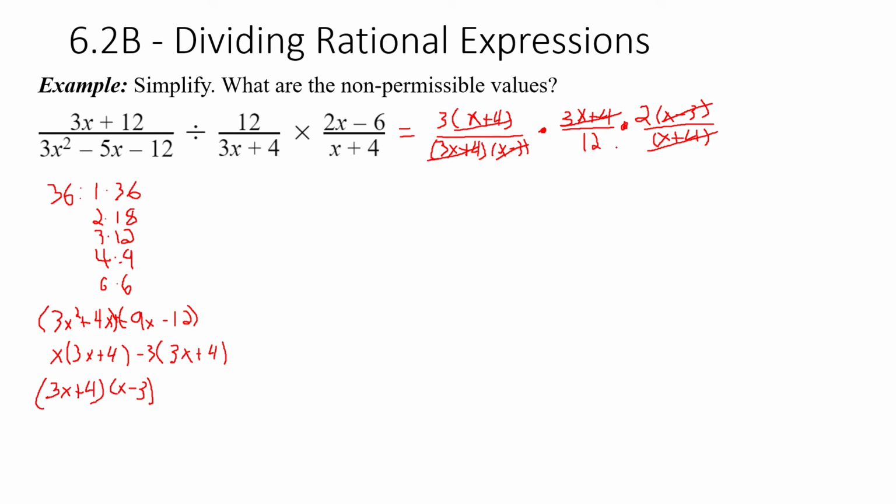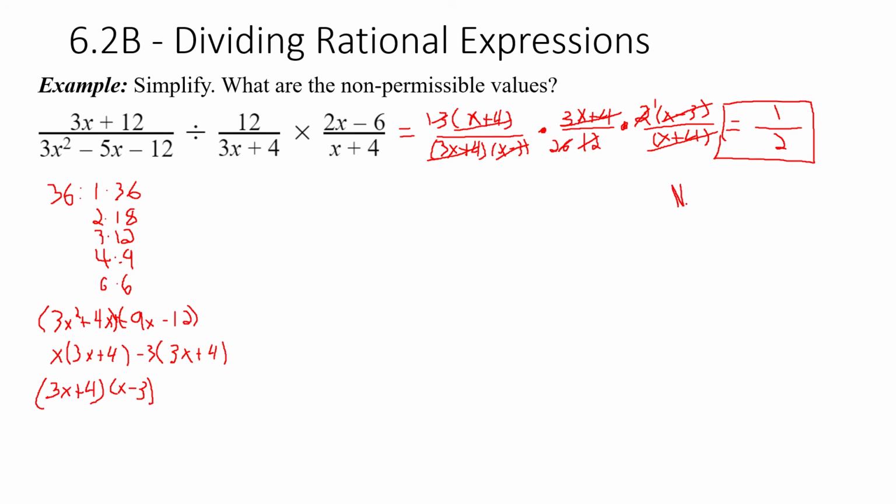We'll do them one at a time. 2 and 12, they simplify to 1 and 6. And then 3 and 6, they simplify to 2 and 1. So what we have left on the top is a whole bunch of 1s, so 1 times 1 times 1 times 1 times 1, which is just 1. And in the bottom, the only thing left besides a bunch of 1s is the 2. So this is equal to 1/2.